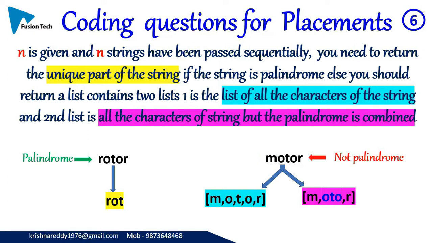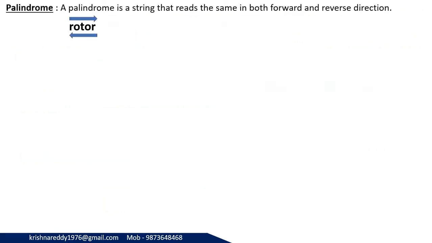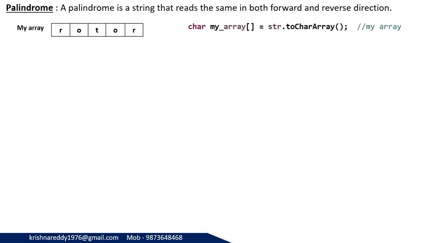Now let us first understand what exactly palindrome is. A palindrome is a string that reads the same in both forward and reverse direction. Let us find out whether the string rotor is palindrome or not. For easy handling, first we convert the string into an array called myArray.